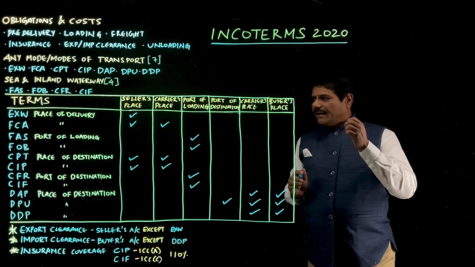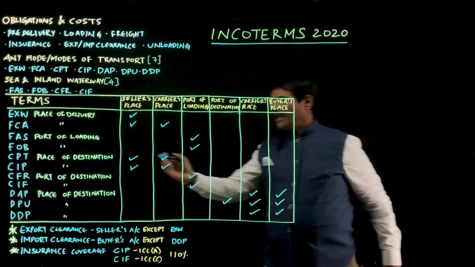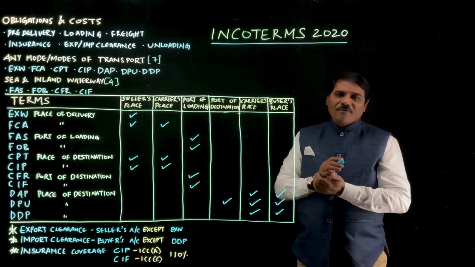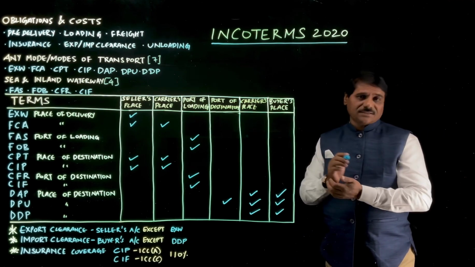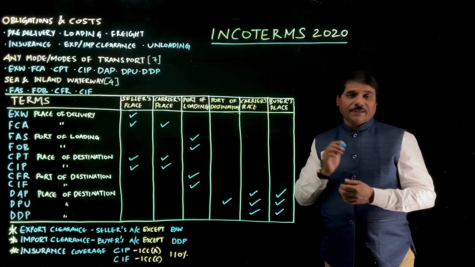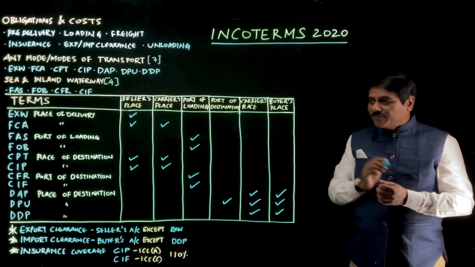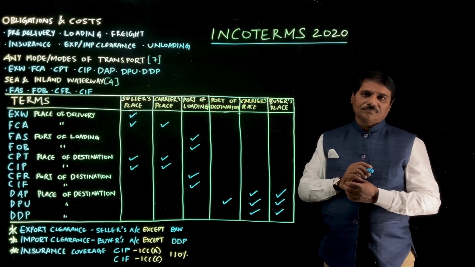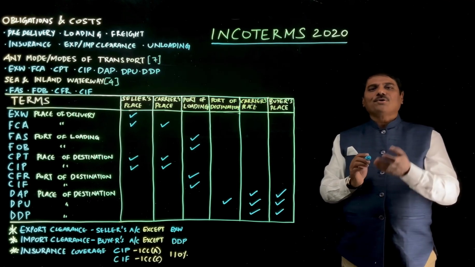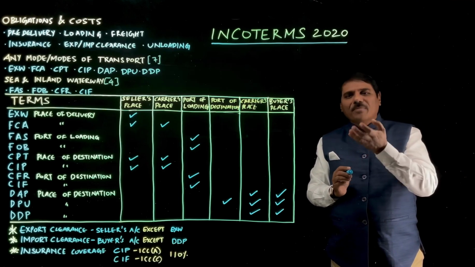Okay. The next one is FAS, free alongside the ship. Again, you have to insert the port of loading. Free alongside the ship, port of loading. Suppose the port of loading is Mumbai.